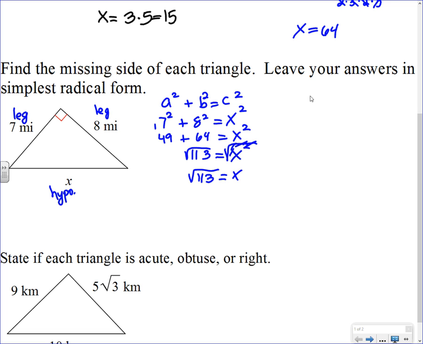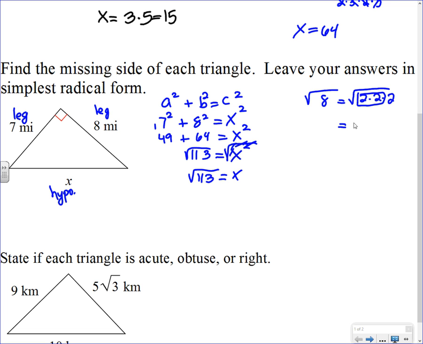Now what I mean by simplest radical form, I couldn't show it right here, so let me give an example. Assuming that we had radical 8, how do you show your answer in simplest radical form? You do the following. Prime factors of 8 will be 2 multiplied by 2 multiplied by 2. When you take a square root, you're looking for pairs. Here are a pair of 2's. 2 times 2 is 4.